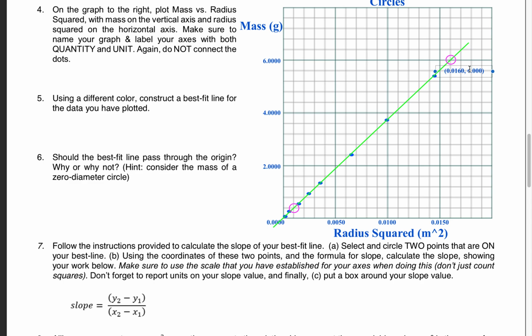And this point is going to be down here. It's going to be 0.001, and each box on the vertical axis is 0.4 grams. So there's our 2 points.